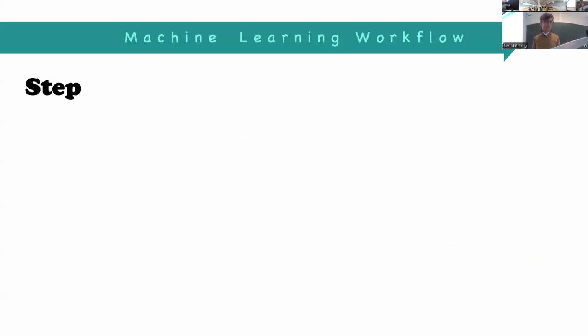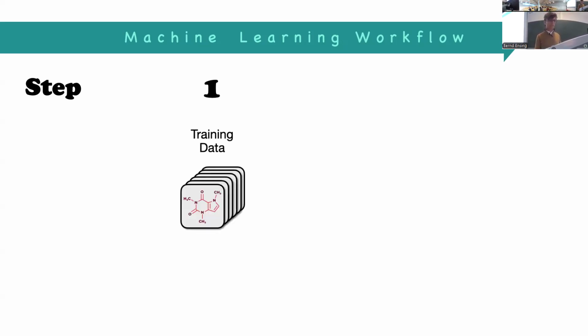Okay, one thing that I would like you all to know at the end of this first lecture is the overall machine learning workflow. That is what you always need to do, which is a bunch of steps. First of all, you have to deal with training data. You have to find data, and often you have to do something with the data before you can use it.